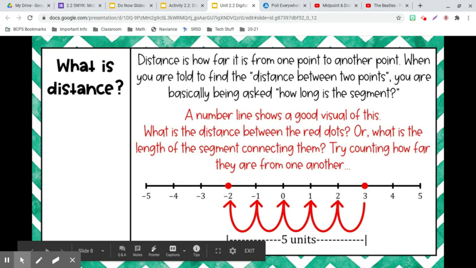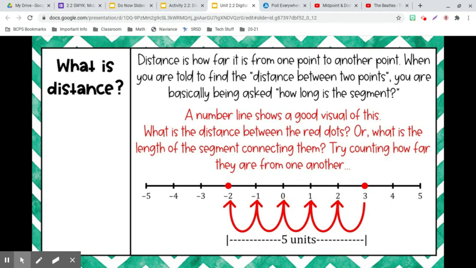So we've talked about midpoint. Now we're going to talk about distance. Distance is how far it is from one point to another. When you're told to find the distance between 2 points, you're basically being asked, how long is this segment? A number line shows a good visual of the distance between the 2 red dots, or the length of the segment connecting them.